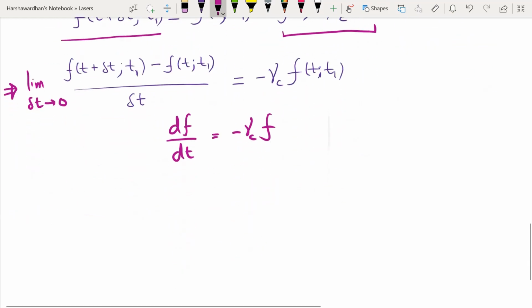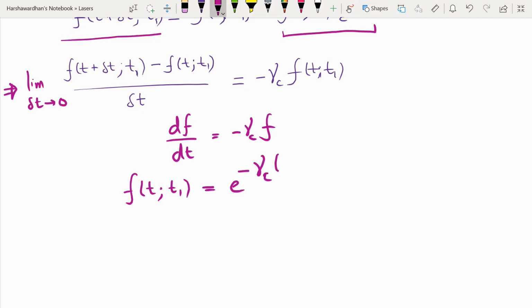And from this I can quickly get my solution, that my f at t, with those who have suffered at t1, is simply given as exponential minus gamma c times t minus t1.